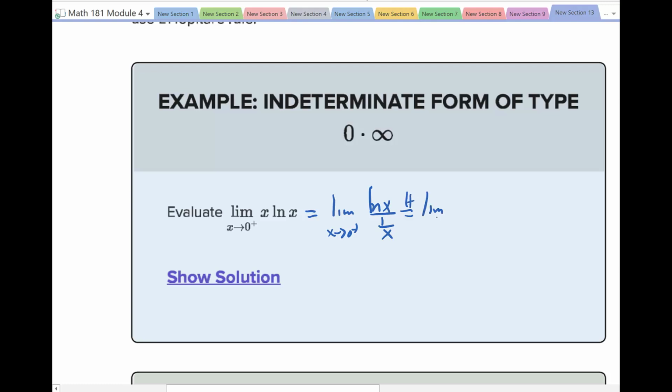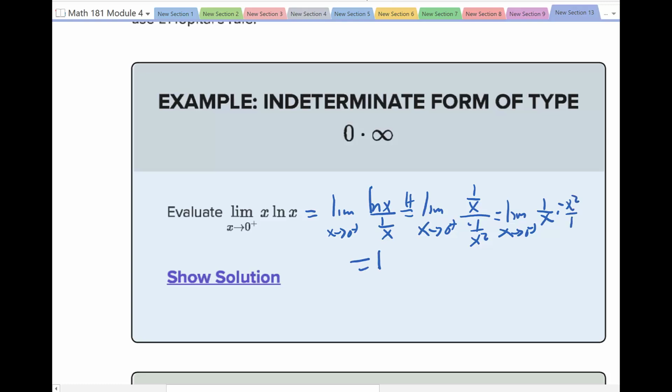We have the limit as x goes to 0 from the right side of 1 over x over negative 1 over x squared. Now if we work with the algebra a little bit, that's 1 over x times the reciprocal of the denominator, negative x squared over 1.